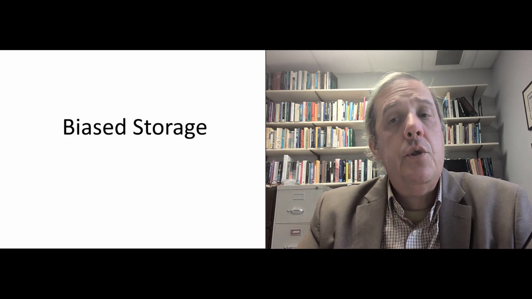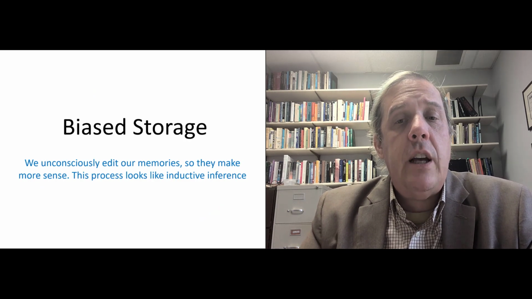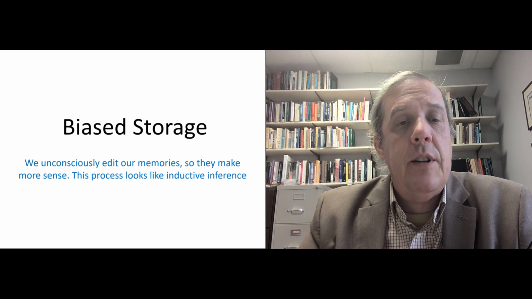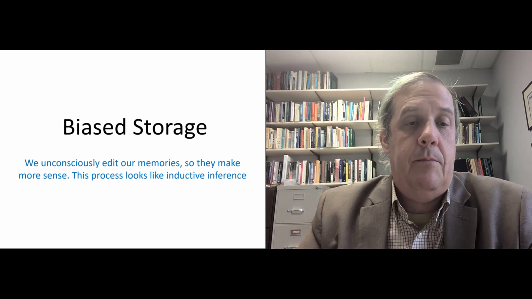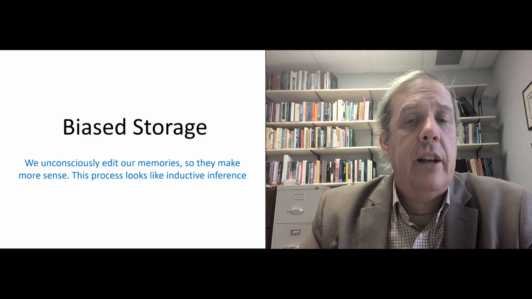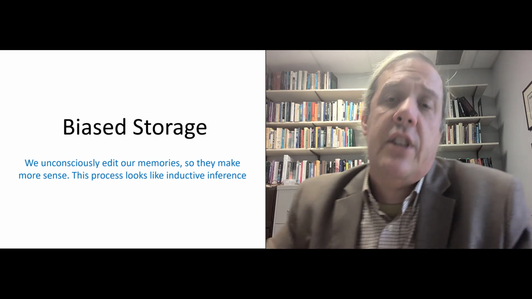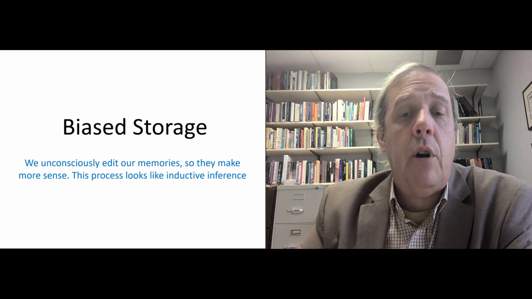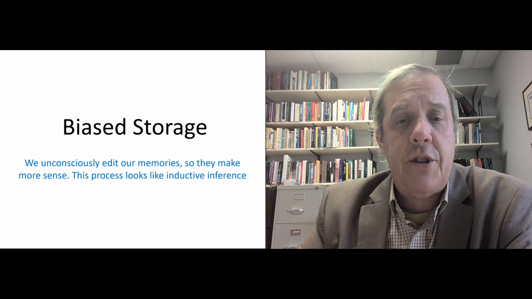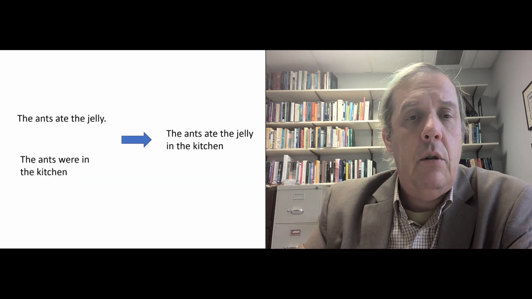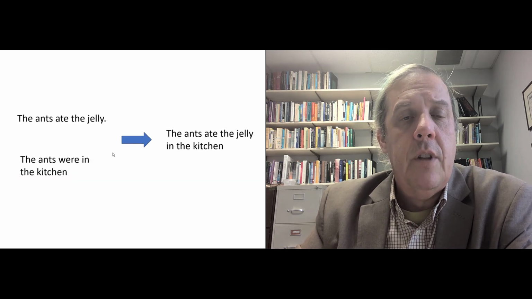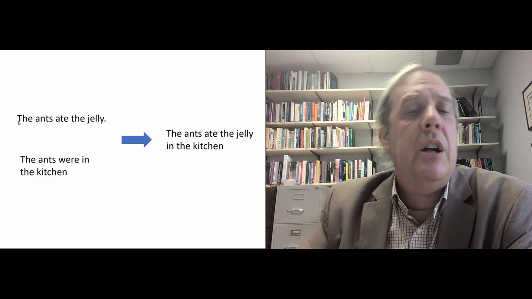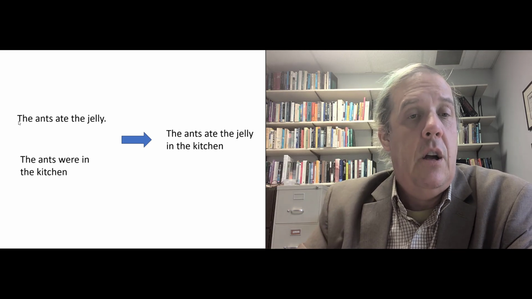All right. Storage is biased. So we constantly edit our memories so that they make more sense. And again, this process looks like inductive inference, although some of the examples that Southworth and Swire give aren't really so much inductive inference as they are like compression. So here is one example. In a test, subjects were given a bunch of sentences and asked to remember them.